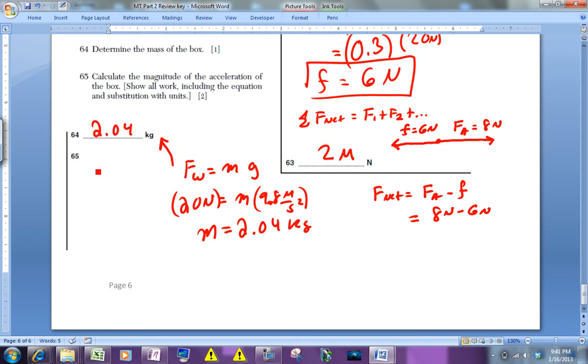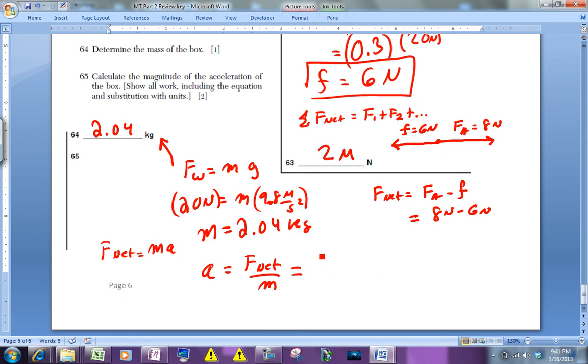And finally, to get the acceleration, once you have the net force and you have the mass, we're going to use the other definition of net force. That definition is that F net equals ma, or the way it's presented on the reference table, the acceleration is net force divided by mass.